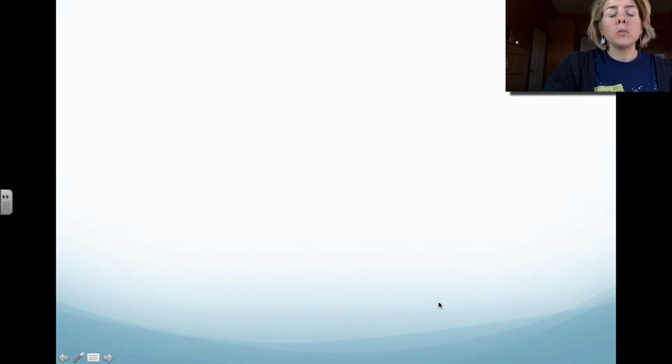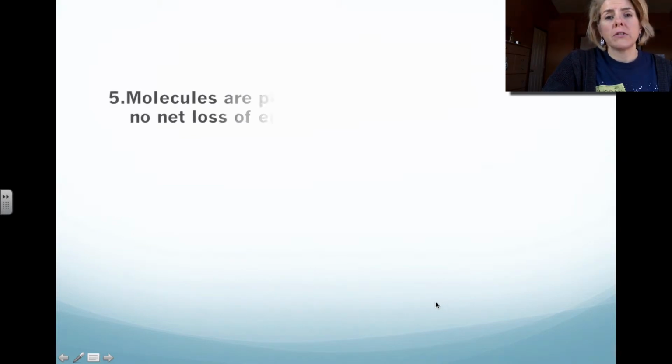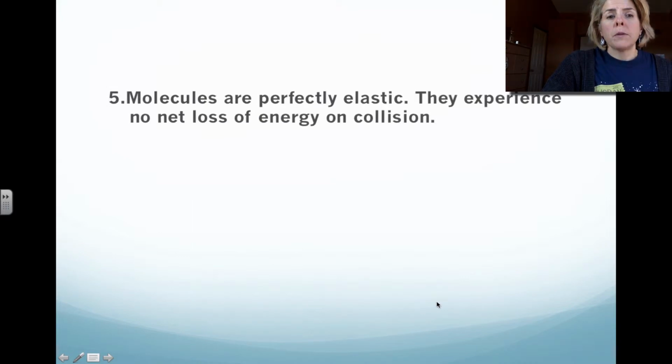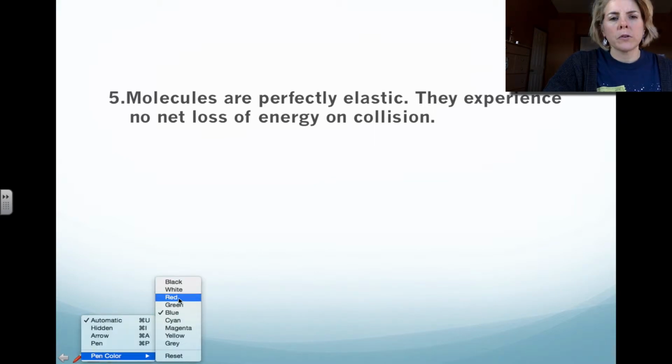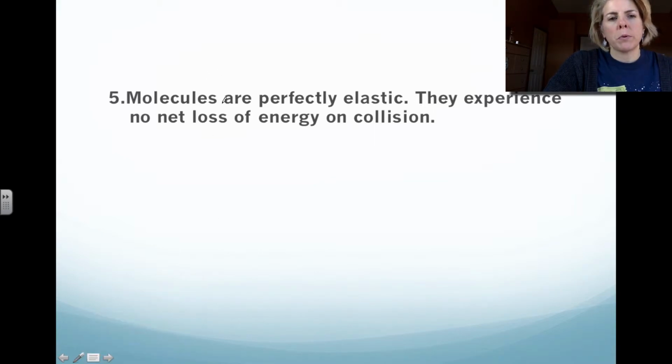There are actually two more postulates that we're going to add to this, and these are postulates that you're going to need to know. Here we're saying that molecules are perfectly elastic. If you assume that water molecules are just like a red rubber ball, when they collide with each other, they do not lose any energy. So they retain their energy.